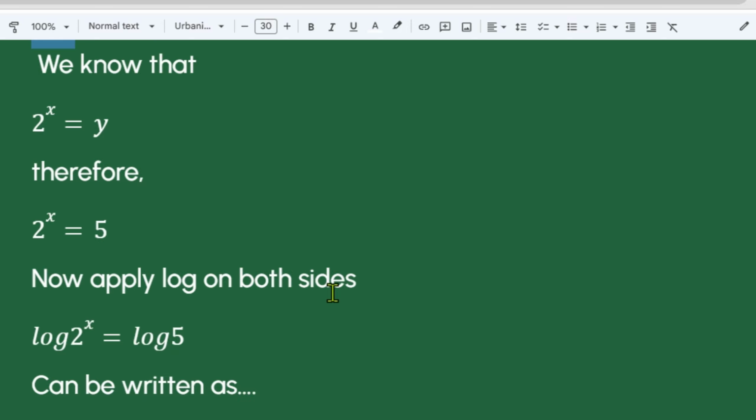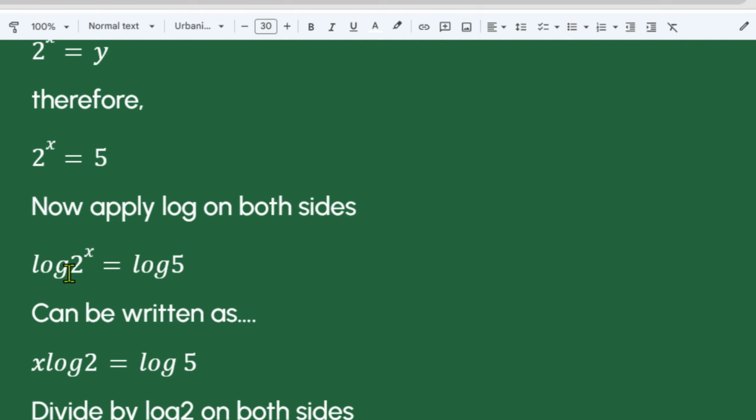We'll apply log on both sides of the equation. Follow steps.